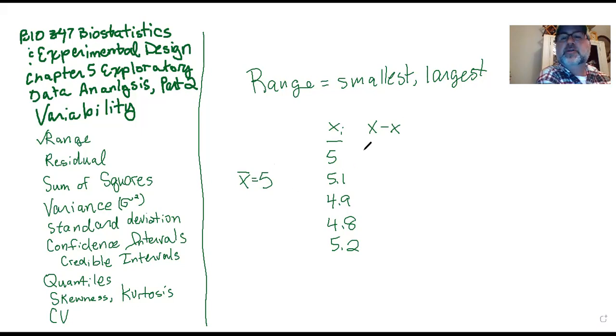So the only way that turns out is if you do observation minus mean. Okay, so let's check. 5 minus 5, the residual is 0. 5.1 minus 5 would be 0.1. And then 4.9 minus 5 would be negative 0.1, and then negative 0.2. Okay, so here are our residuals right here.